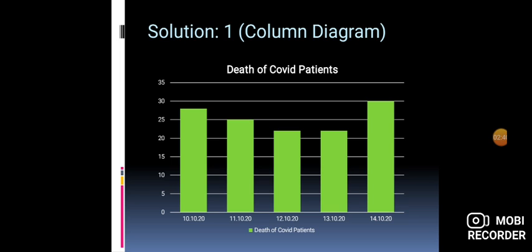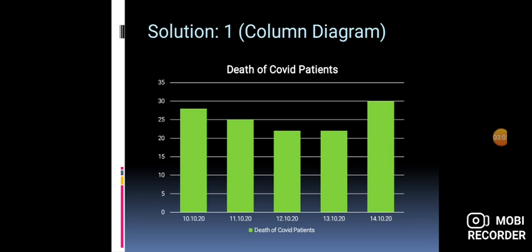Similarly, on 11th, you can again see the solid green bar goes up to 25 on the y-axis. So it shows that on 11th October 25 patients died. Accordingly, the other deaths along with different dates are illustrated here.